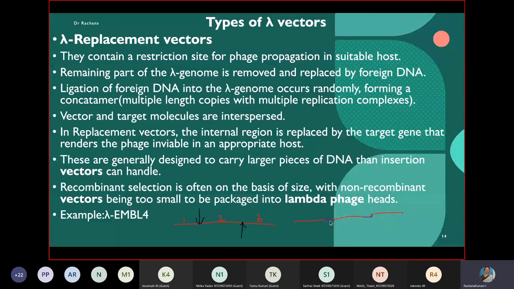And only when this is there, then due to complementary base pairing, they can anneal faster. Let me just try whether I can draw this here, or do we have another slide? Let's try. Let's say this is the phage genome. Let me zoom it.